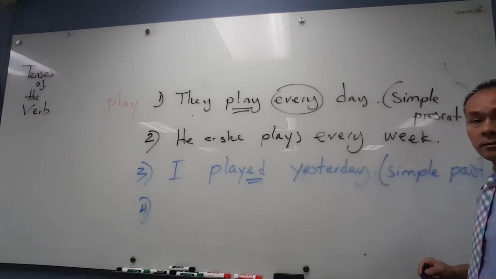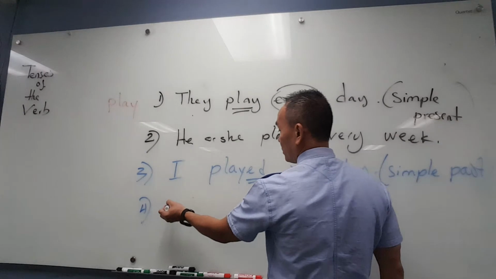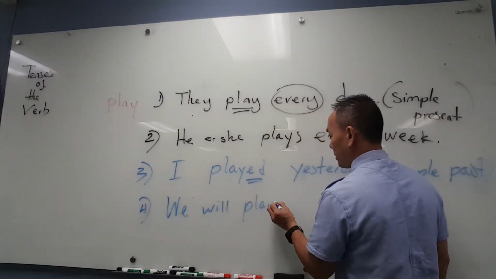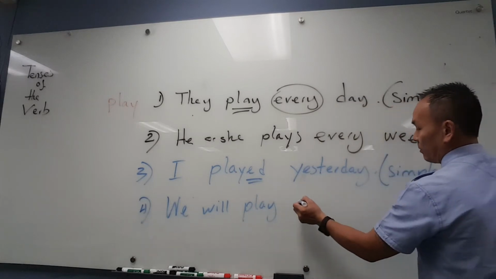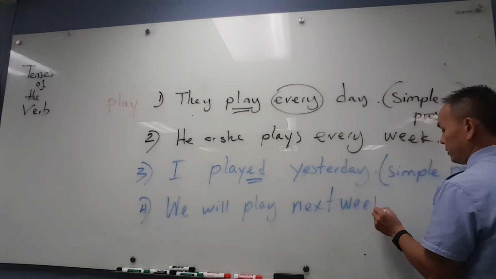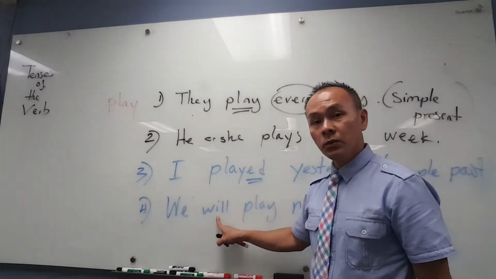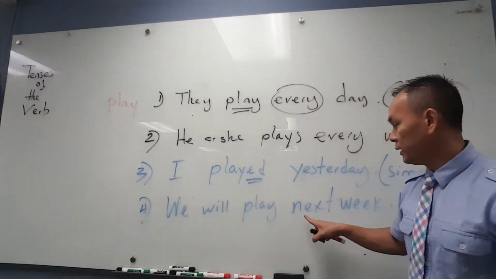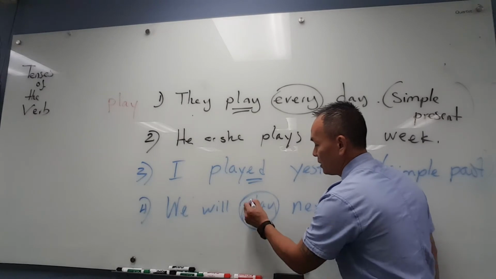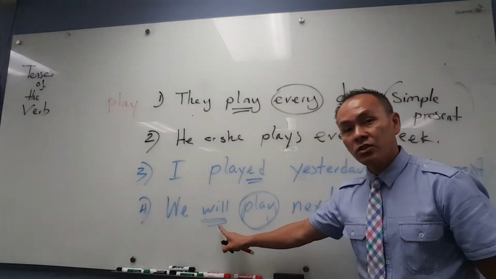Simple past. Now the future of play. The future of play would be like this. We will play next week. Say together. We will play next week. So because you have play and then you have the word will, this is an extra verb.